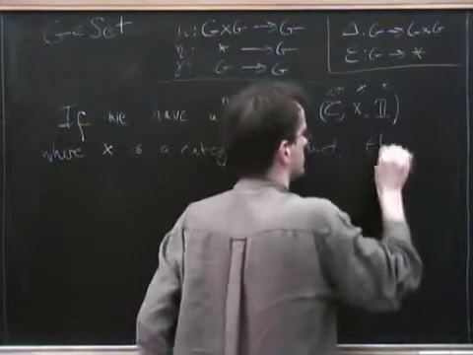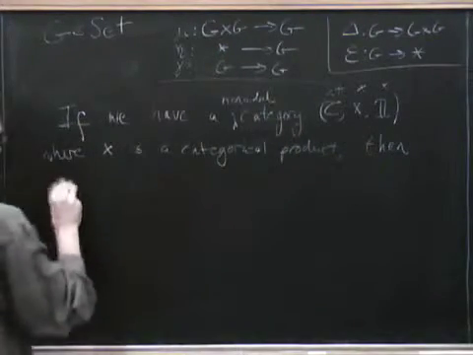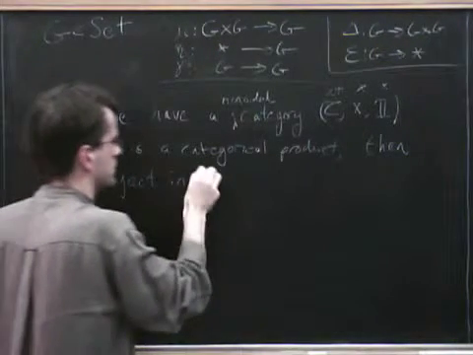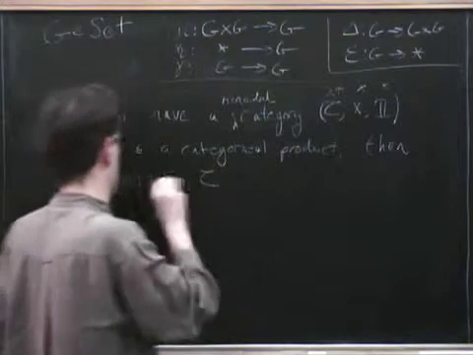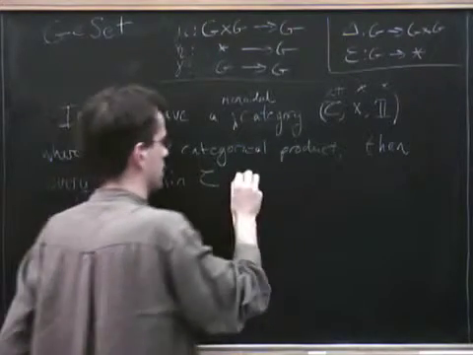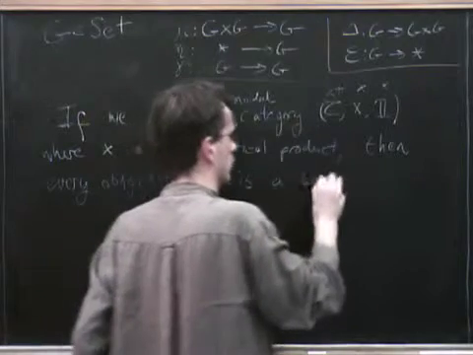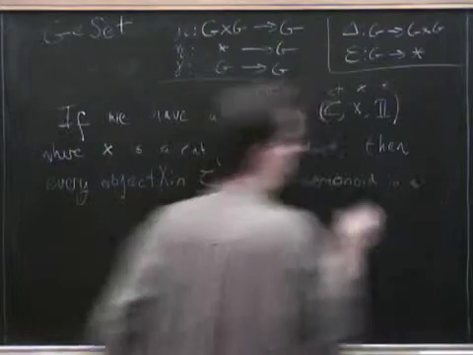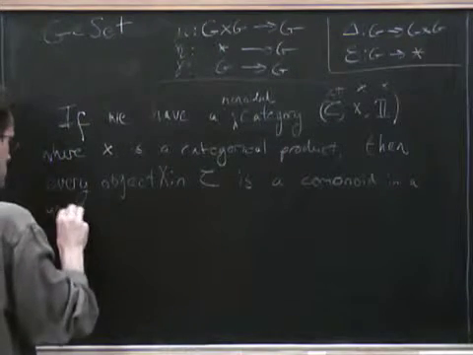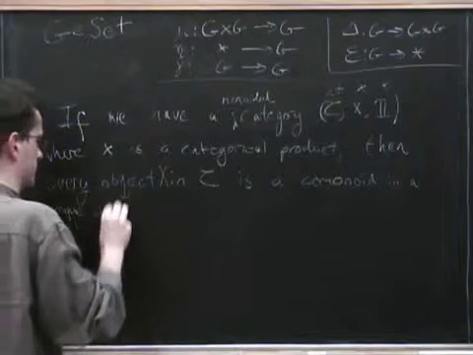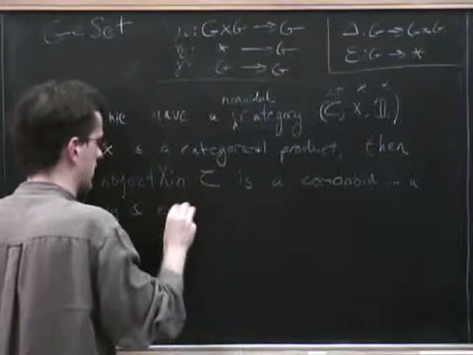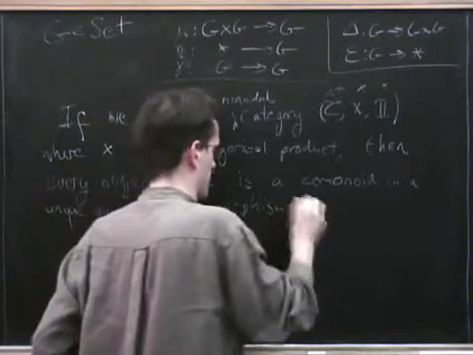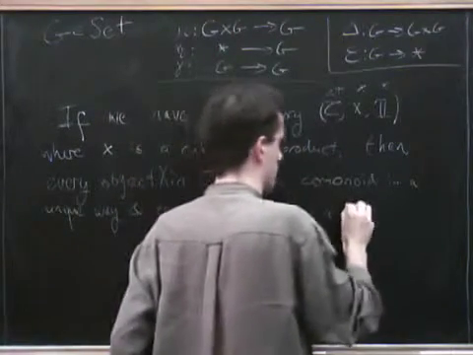Then every object X in C is a comonoid in a unique way, and every morphism is a comonoid morphism.